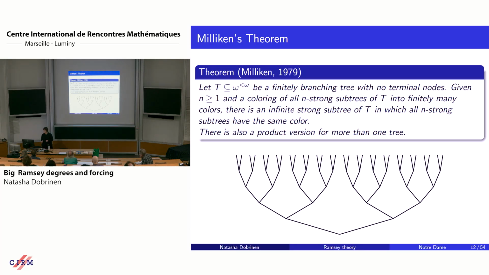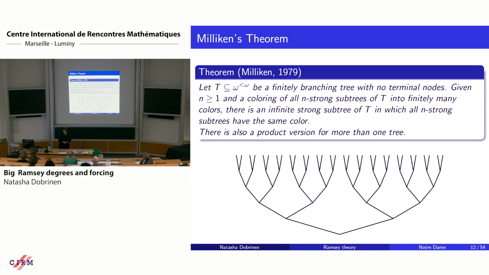And Milliken showed that if you fix the n and you color all of the n-strong subtrees inside of this ambient tree, you can find a subtree which is infinite and again strong, where you have no more than one color for these copies. And there's also a product version for finitely many trees. There's also product versions for infinitely many trees, but you have to be more careful with those.